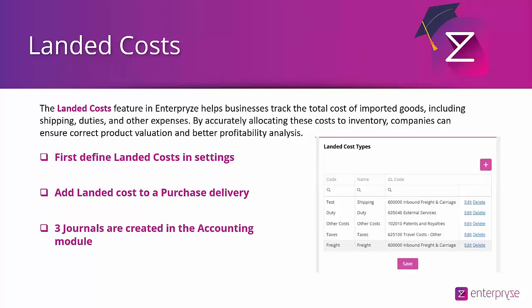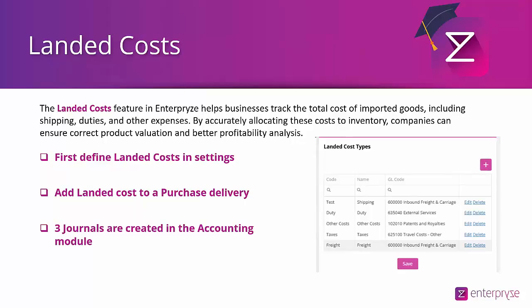You can see some examples: shipping, duty, taxes, freight. We've assigned the GL account code for each of those, because as part of the landed costs we will post journal entries to track the true landed costs as they come through.